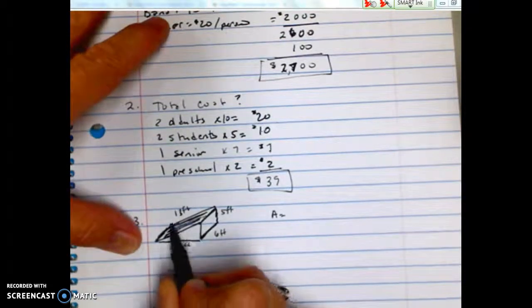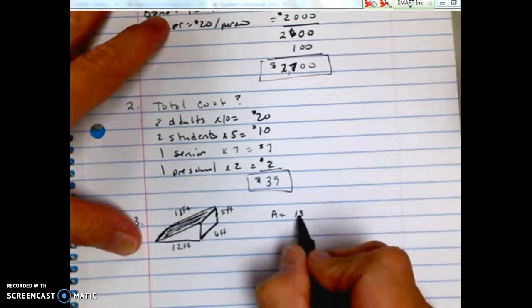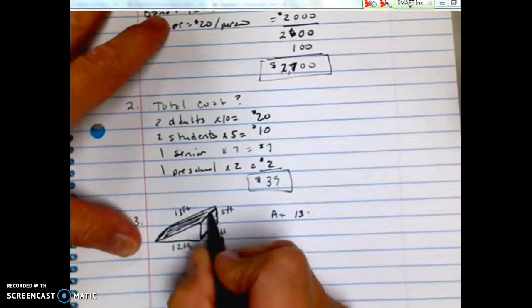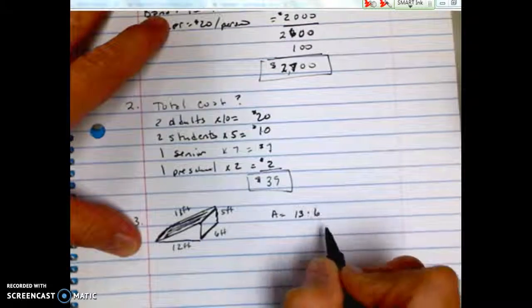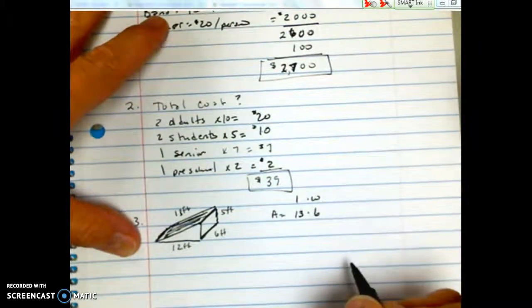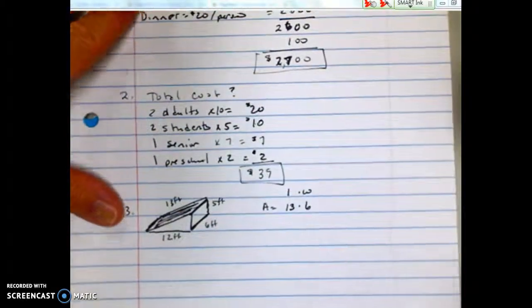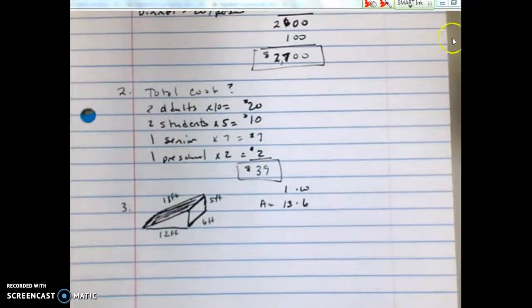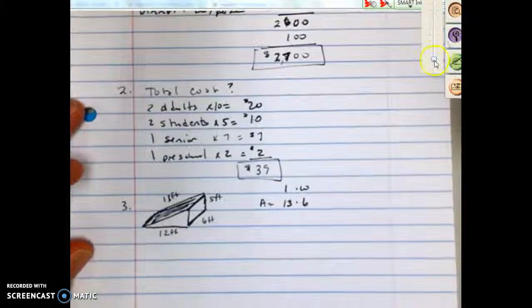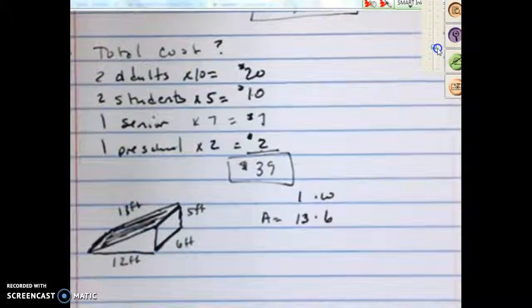And since the length is 13 feet and the width is 6 feet, length times width, 13 times 6 in this case. I'm going to zoom this in just a tad so you can see a little better.